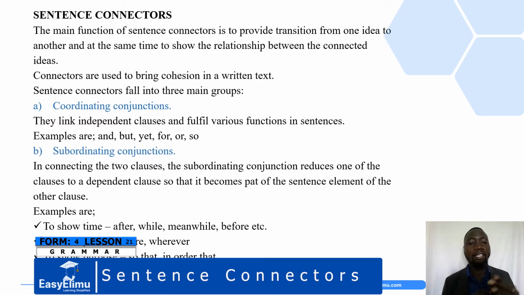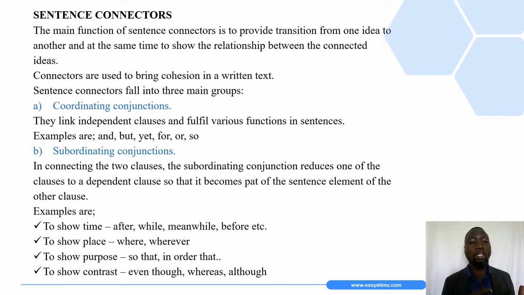So let us start by looking at the first group, that is the coordinating conjunctions. Coordinating conjunctions, dear students, link independent clauses and fulfill various functions in sentences. Because we are dealing with sentence connectors, it is important that you remember what we previously covered under clauses.